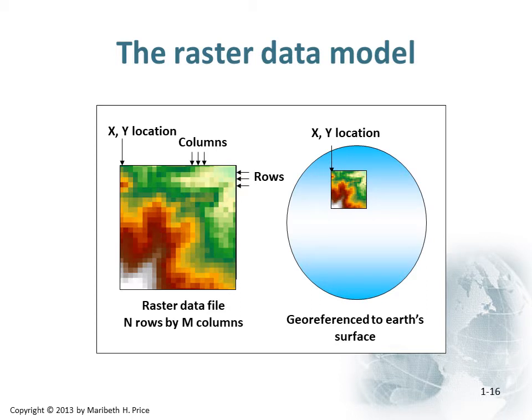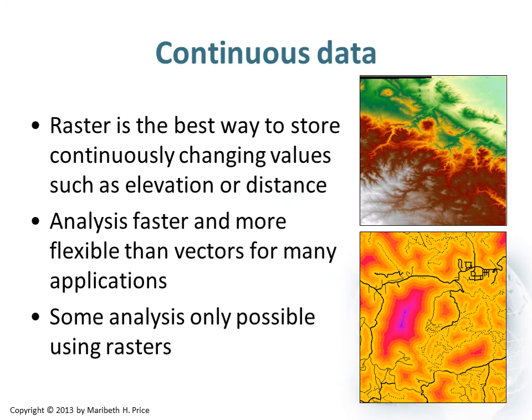Now, once we have the raster data, what do we do with it? Well, we need to be able to place it somewhere, and so typically what we do is identify the upper left-hand corner, the XY location. We find where that goes on the surface of the Earth, and then we have columns and rows that go out from there at an even distance. When we look at continuous data, raster is typically the best way to store it.